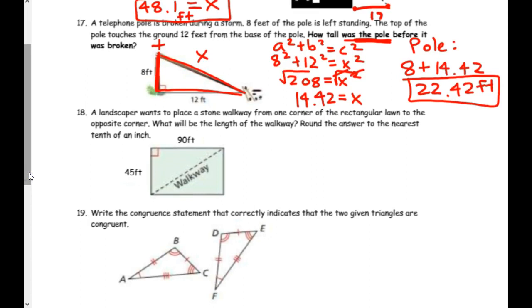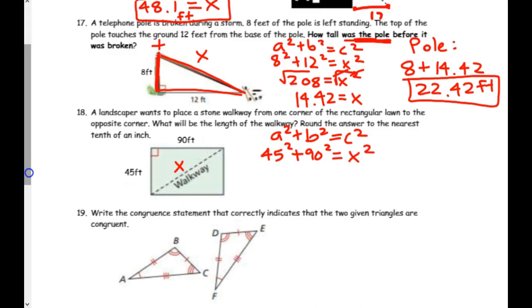18, a landscaper wants to place a stone walkway from one corner of the rectangular lawn to the opposite corner. What will be the length of the walkway? So again, we got a squared plus b squared equals c squared. Pythagorean Theorem. 45 squared plus 90 squared equals x squared.